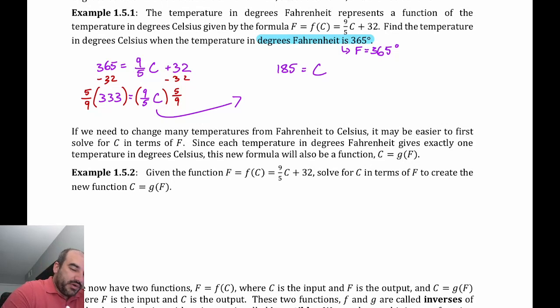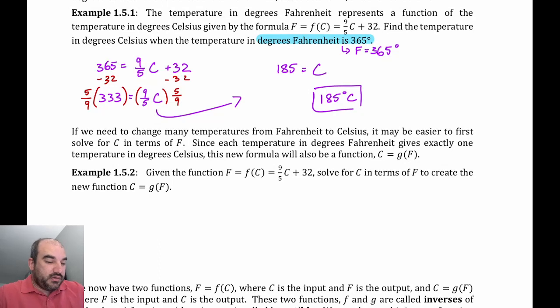So the answer is going to be 185 degrees Celsius is the equivalent of 365 degrees Fahrenheit.